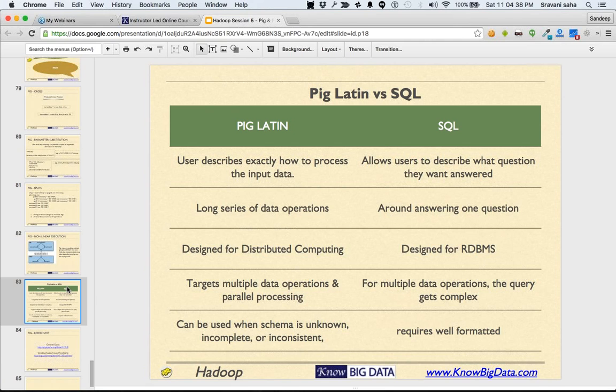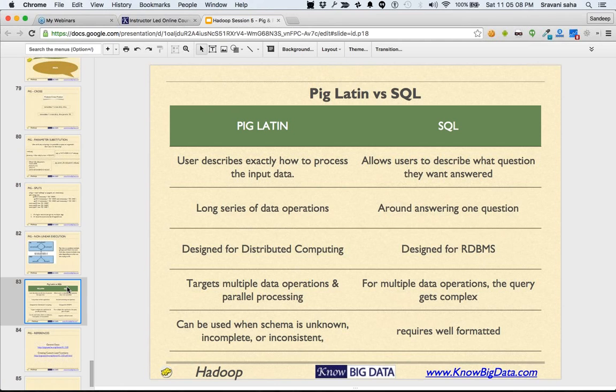As soon as you run that statement, the whole thing runs right away. In case of Pig, you basically write down steps, do this, do this, do this, and then say now execute everything. In Pig Latin, the user describes exactly how to process the input data, and in SQL, users ask what questions they want answered.